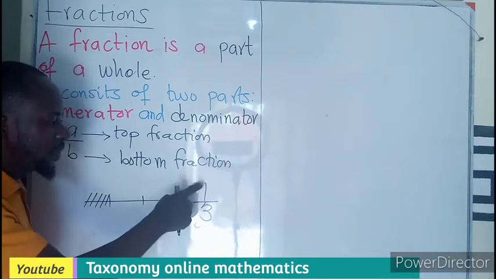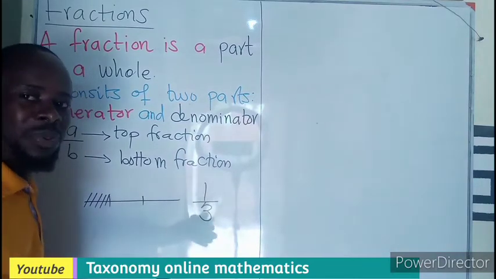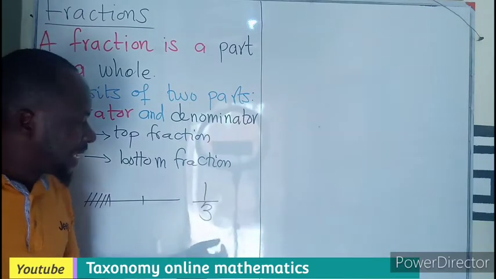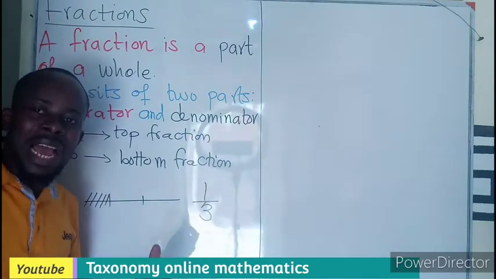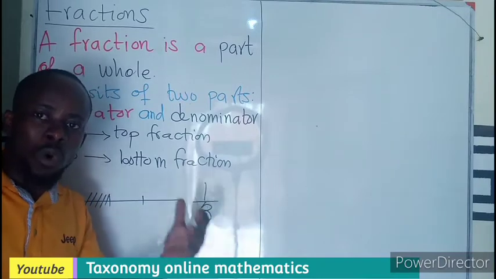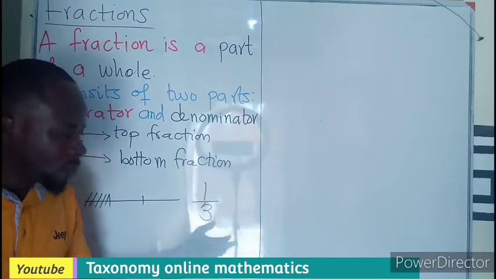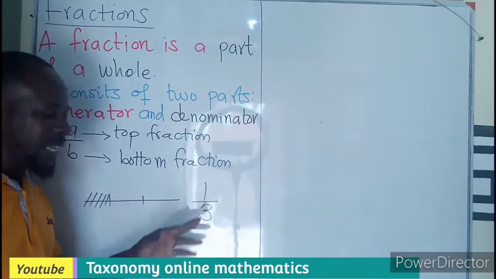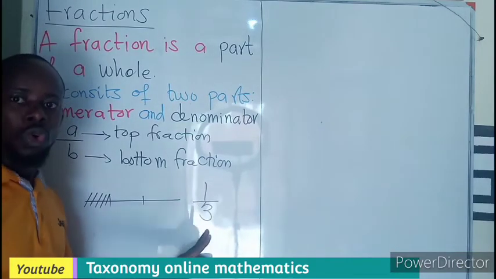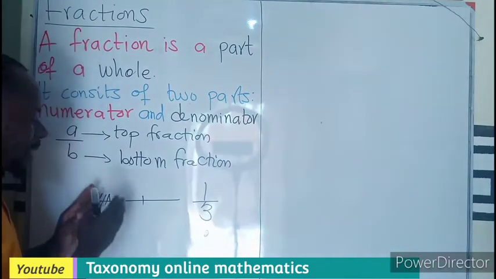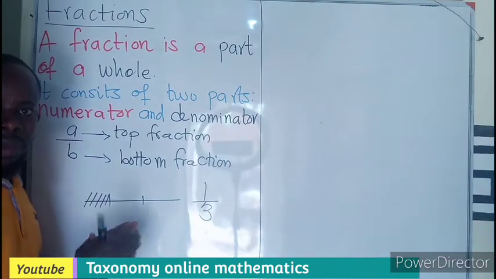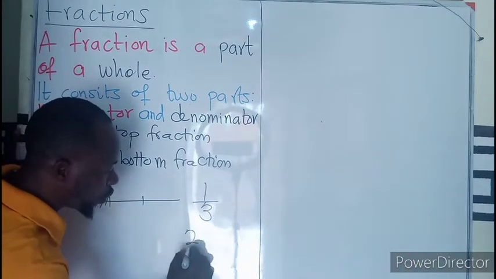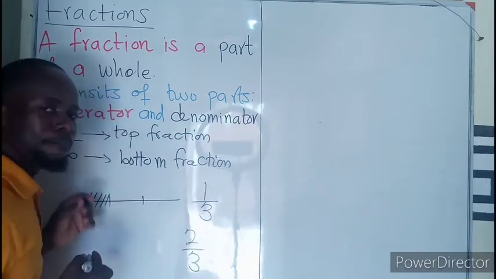So in this case, the numerator describes the part of the fraction you are having or holding. Then the denominator describes the number of parts the whole has been divided into. If I give 1 over 3, that is 1 out of 3, to somebody, how many parts will be left? The part left is going to be 2 out of 3.